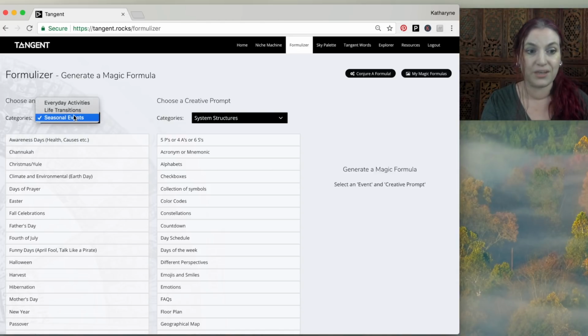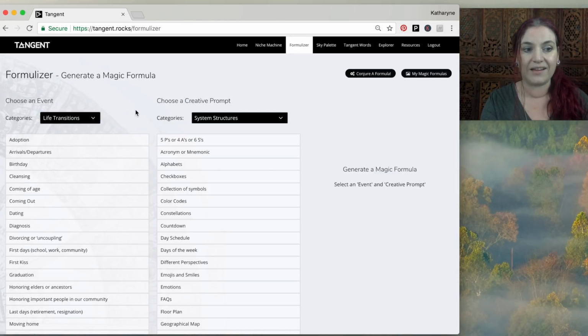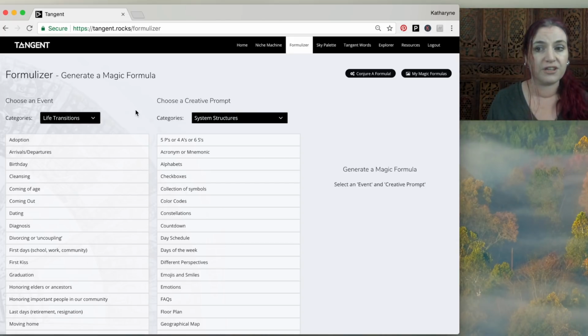You can also do life transitions. And this is a really powerful thing to create a magic formula for. For example, people love products that celebrate the birth of a baby. So baby showers are one way of gamifying a baby's arrival. You also have rituals like baptisms, naming ceremonies. Those kind of fit into magic formulas as well.